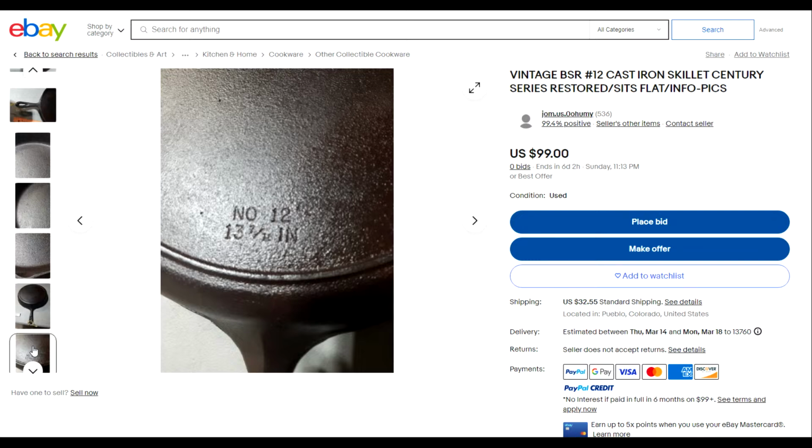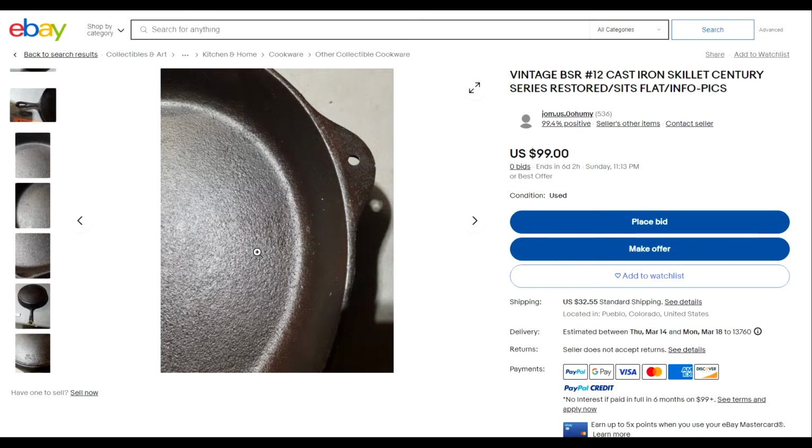Okay, that would mean that this, again, is a 1970s or later Century Series number 12, which means that the rough condition may also have been genuine and not just found in bad condition. Because some of BS&R, especially the later years, unfortunately, did produce some pans that were definitely unsanded or unsmoothed, and they had a rough surface.